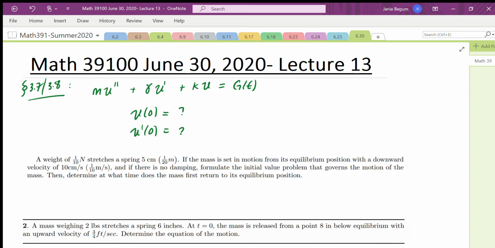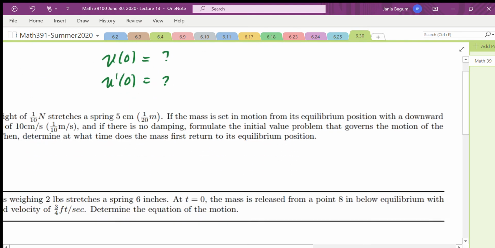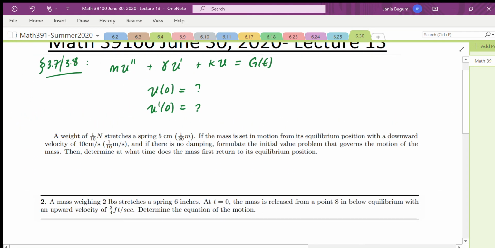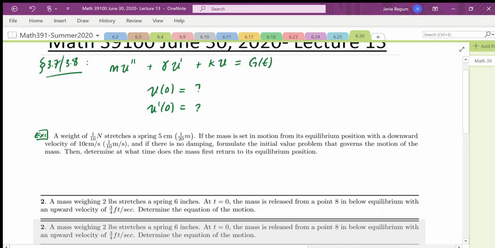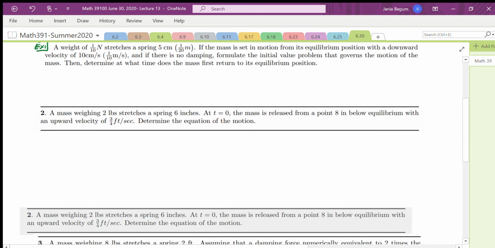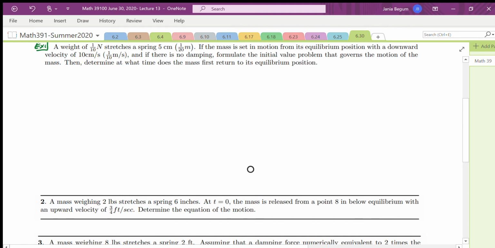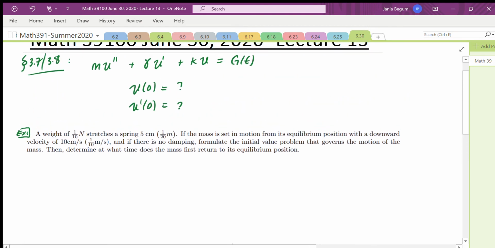Okay, so for the first problem, let's read this and see how much we can digest. This is example 1. I'm just going to move this to the bottom because we don't need it right now. Let's see what's given to us. A weight of 1/10 Newton stretches a spring 5 centimeters, which is converted to 1/20 meter.